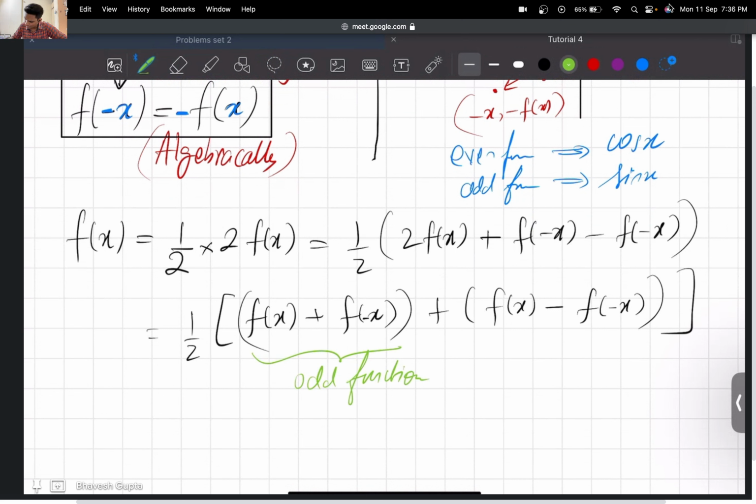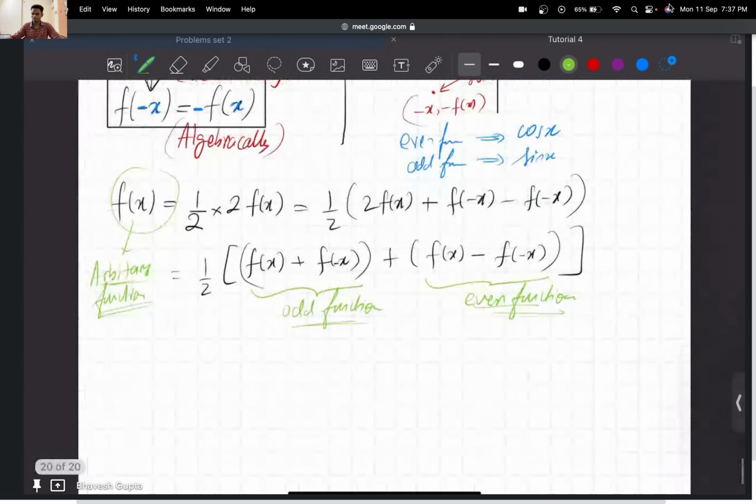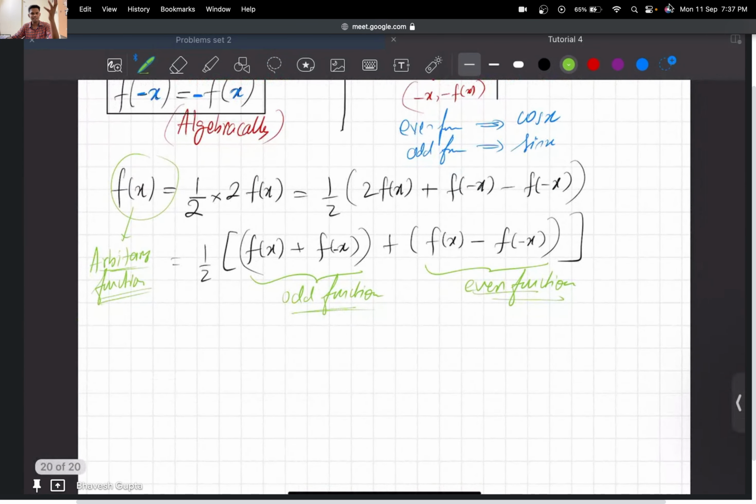And this as your even function. This is your arbitrary function. So that's important. I hope you keep this in your mind. Every function can be written as the sum of odd and even function.